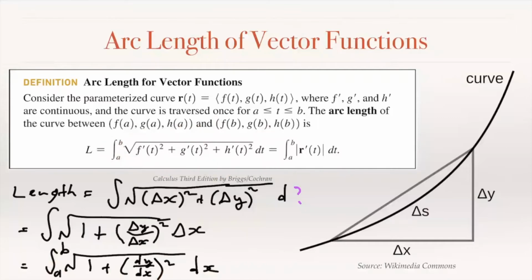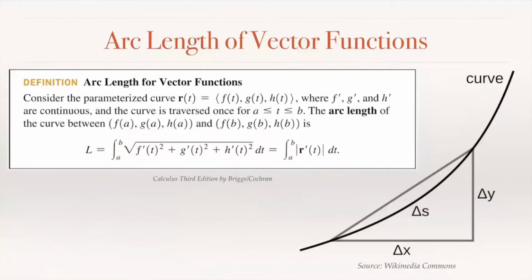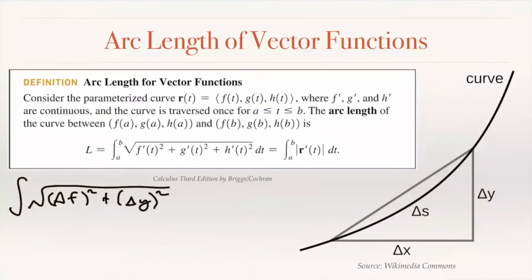By exactly the same, I mean, we'll end up having here our integral of the square root of delta f squared plus delta g squared plus delta h squared, for the magnitude, essentially. The Pythagorean theorem generalized into 3 dimensions, as we saw back in chapter 13.2.